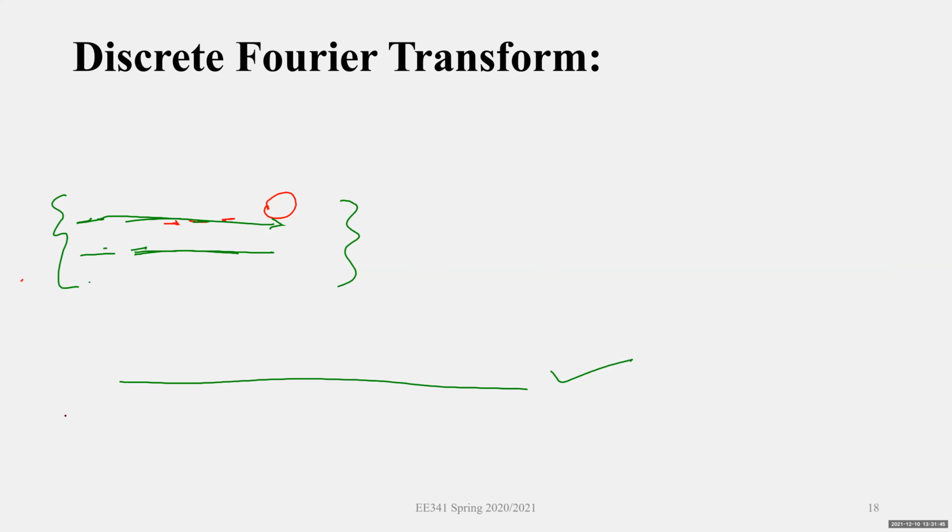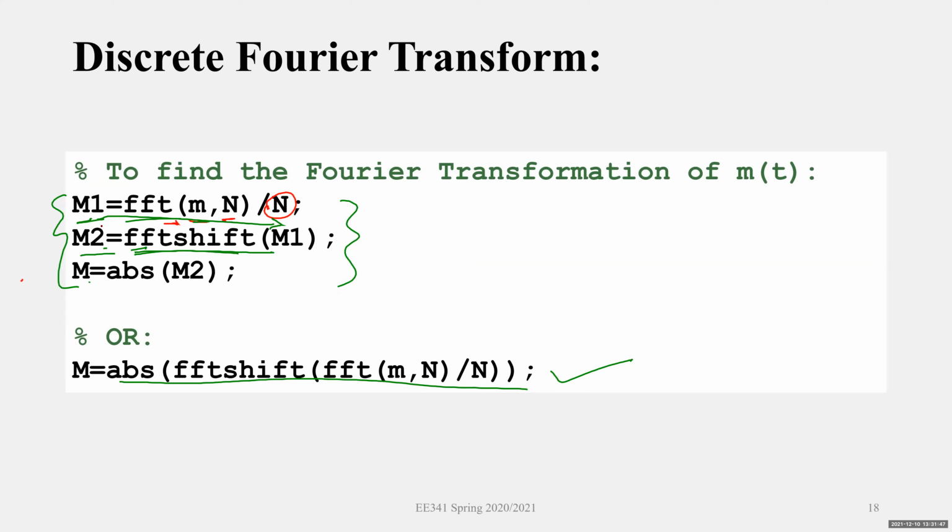Okay. So then m1 is equal to fft of m, my signal, divided by the total number of points. fftshift will shift the zero frequency component to the center. Then the absolute value will give me the absolute value of all the frequencies which I get.